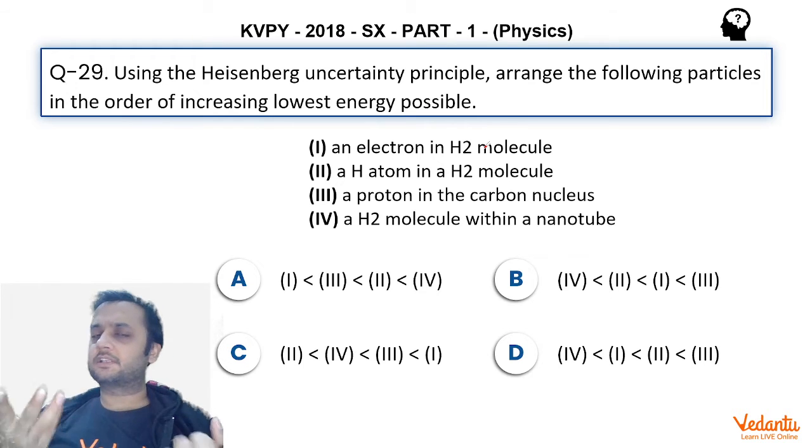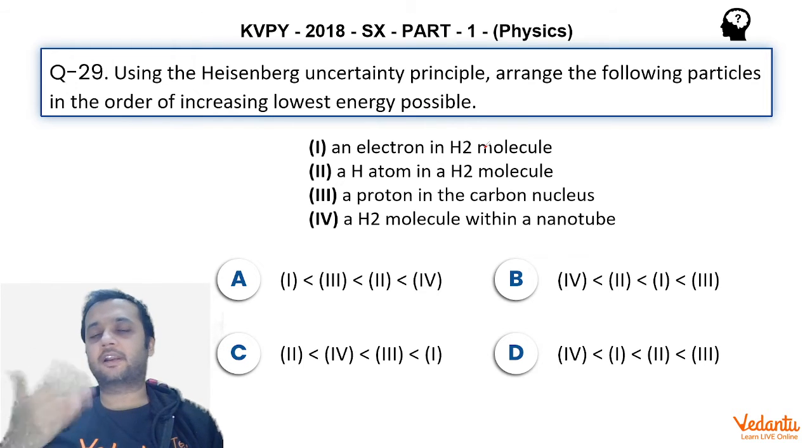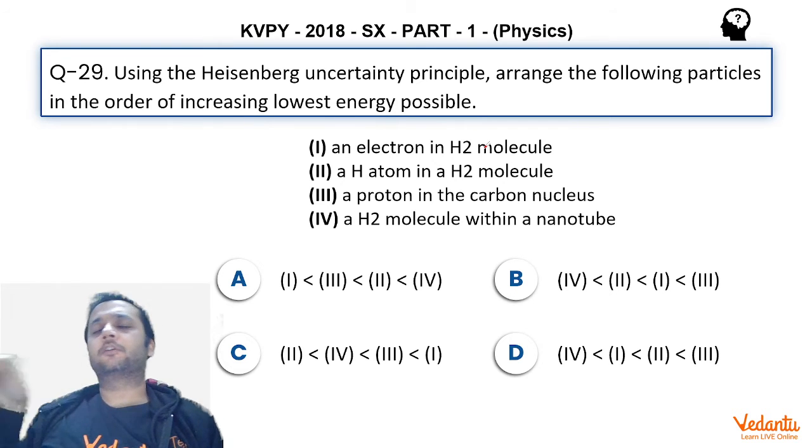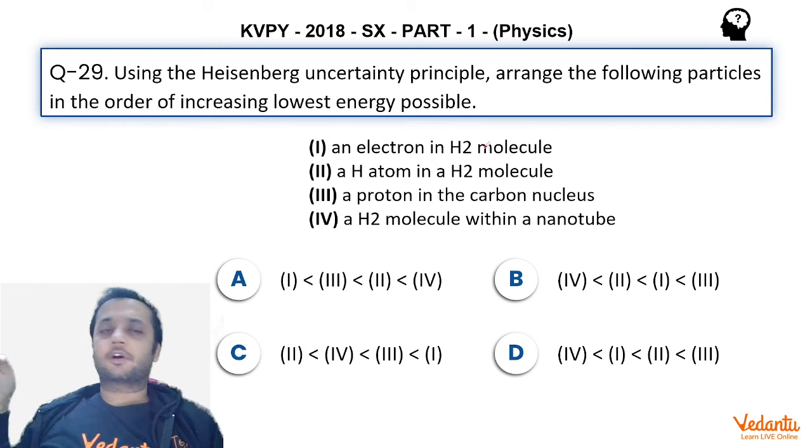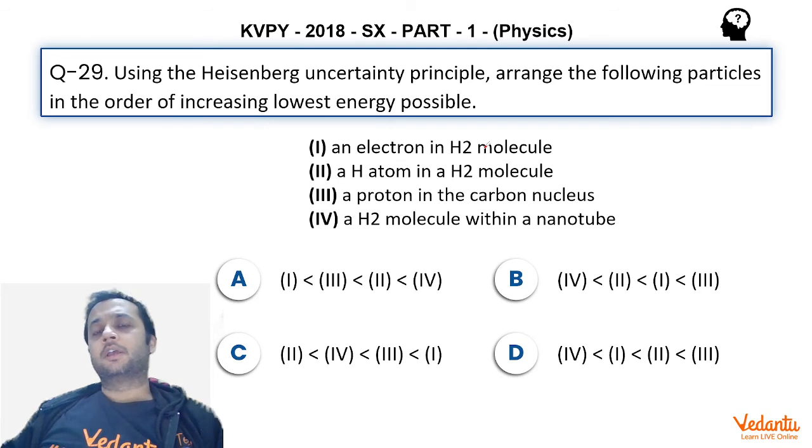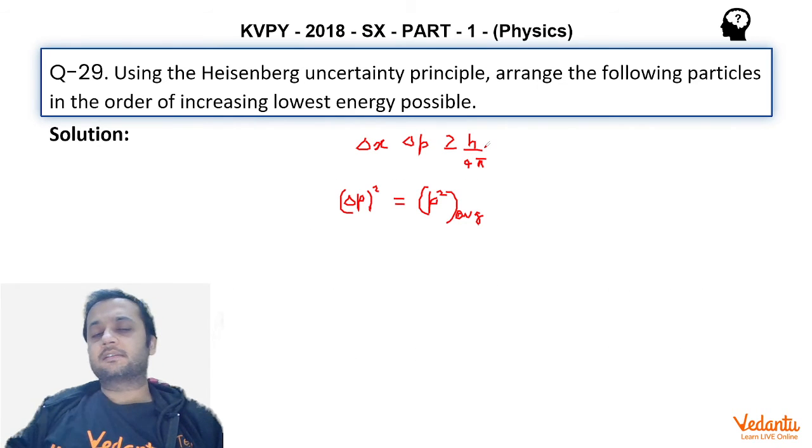The proton in carbon nucleus is free to move up, down, left, right, any possible direction, so the average momentum will be 0. Similarly, suppose this is a nanotube, and the hydrogen molecule can move along the length of the tube in any random direction, whether forward or backward. So again, its average momentum will be 0. In all the cases, the average value of the momentum is 0, and hence this result can be used.